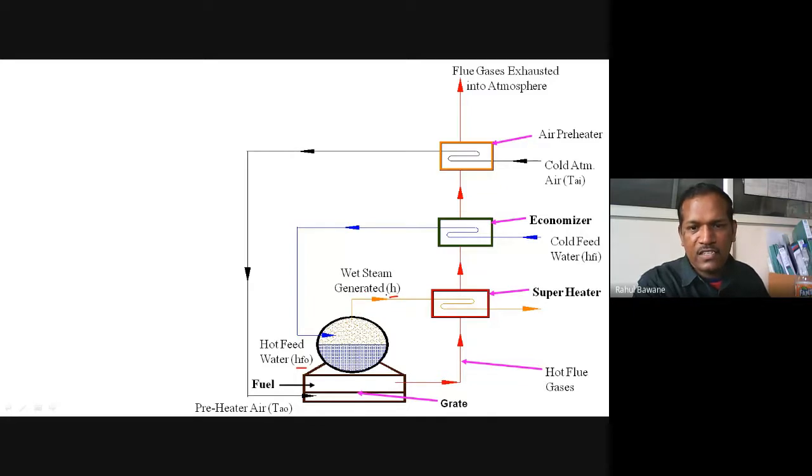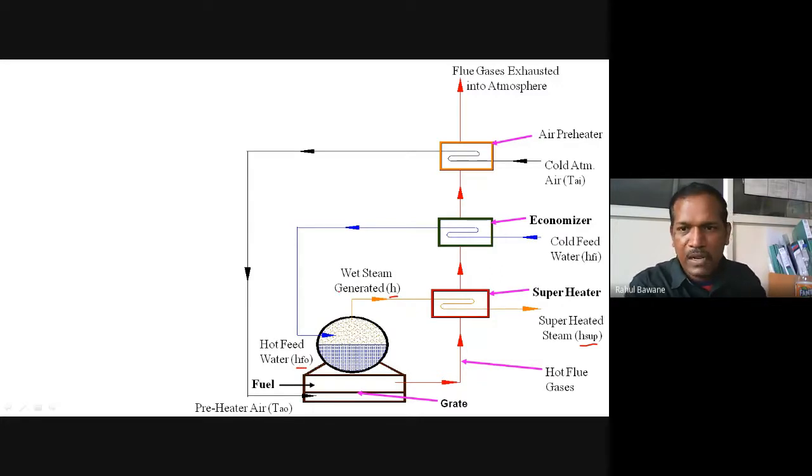Then this generated steam is supplied to the superheater where we superheat it and its enthalpy now rises to H super, H SUP, that is suffix super. In the economizer we supply our regular water, that is normal room temperature water, having an enthalpy HFI, enthalpy of fluid at inlet to economizer, and after preheating it becomes HFO, enthalpy of fluid outlet to economizer.